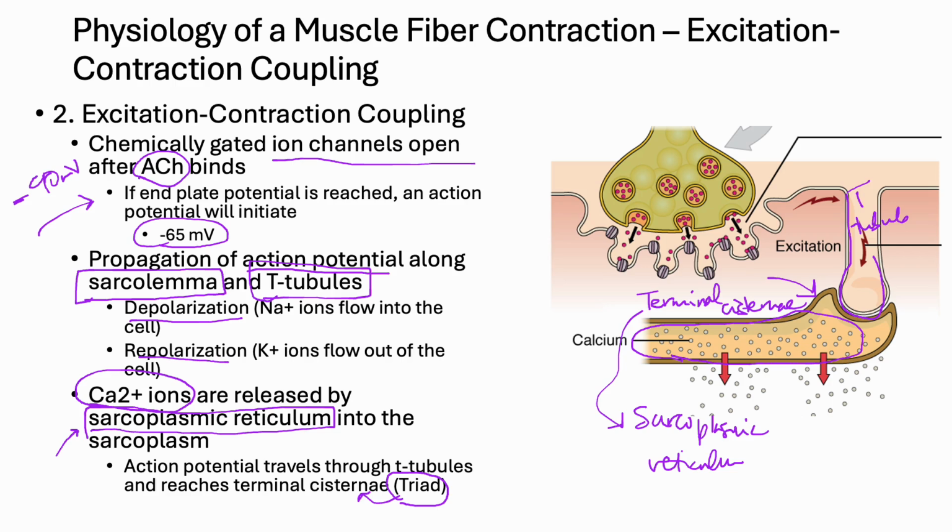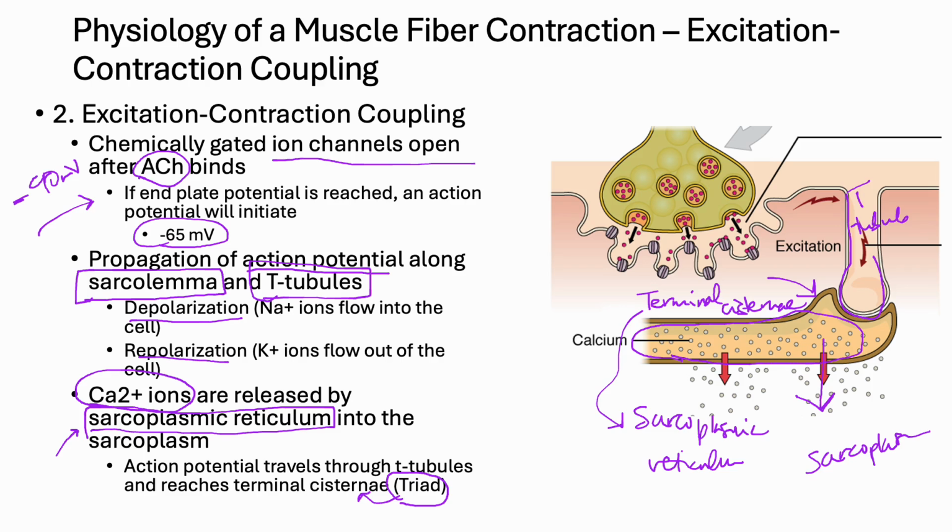When that action potential travels through the T tubule, it triggers calcium ion channels to open in the sarcoplasmic reticulum, and then calcium is just going to travel down its concentration gradient, which means what's outside of the sarcoplasmic reticulum. This is just the sarcoplasm, or the cytoplasm of the muscle fiber.